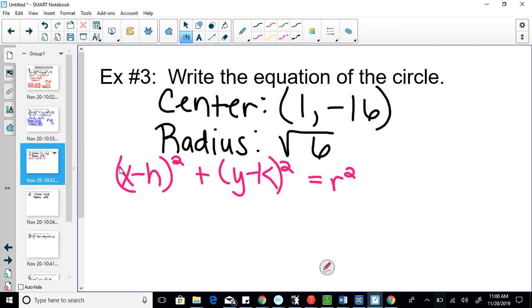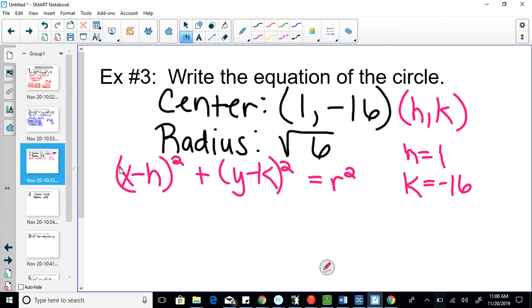They gave me my center, 1, −16. Remember, center is (h, k), so your h is 1 and your k is −16.